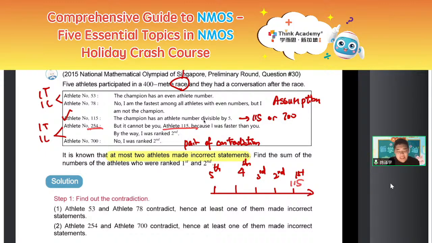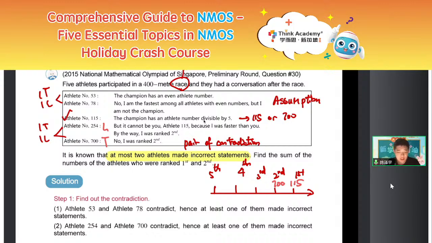So if 115 is the champion, then 254 will be telling the incorrect statement, right? If 254 is telling the incorrect statement, that means 700 is telling the correct statement. So 700 will be second. Okay, seems reasonable.